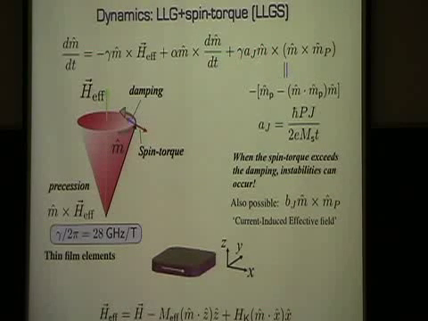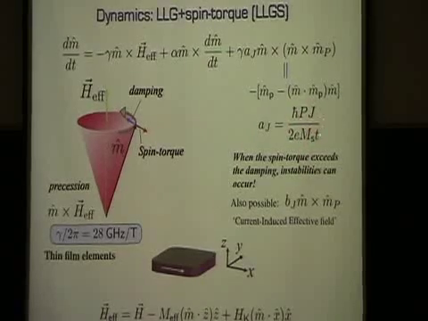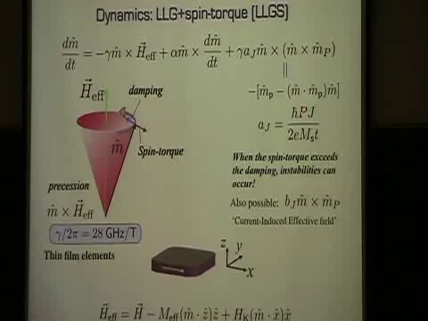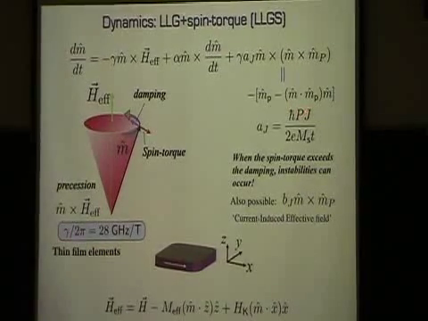Basically, it's a term that depends on the polarization direction of the current, m_p, and on the current. a_J is a factor that's proportional to the polarization of the current and the current density that's flowing through your magnet.